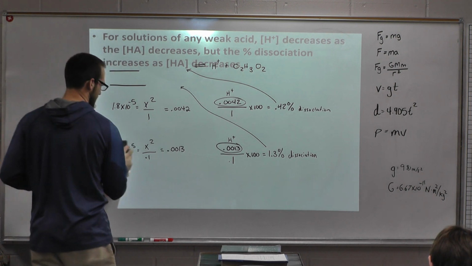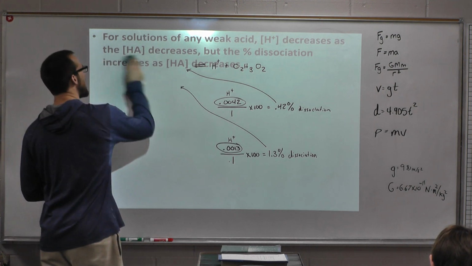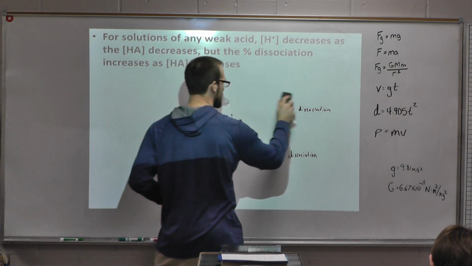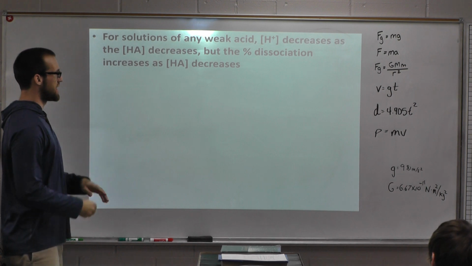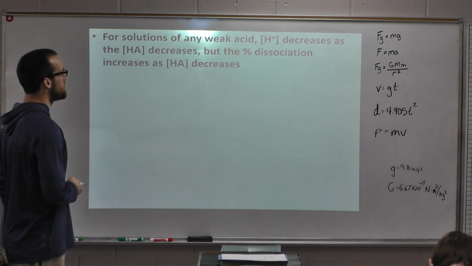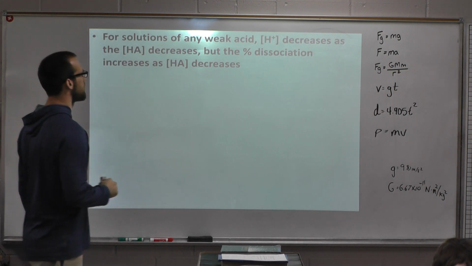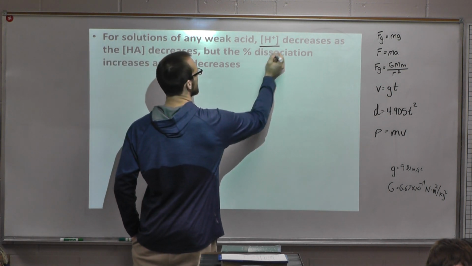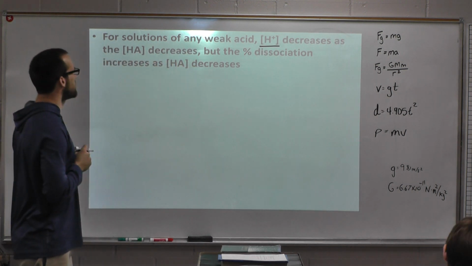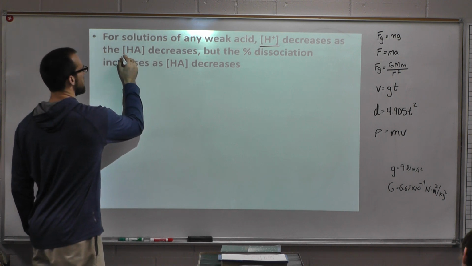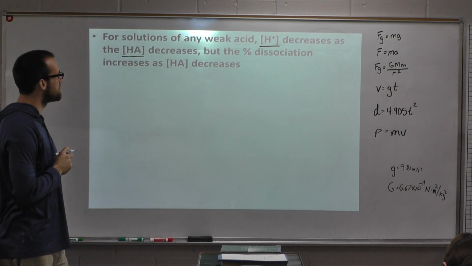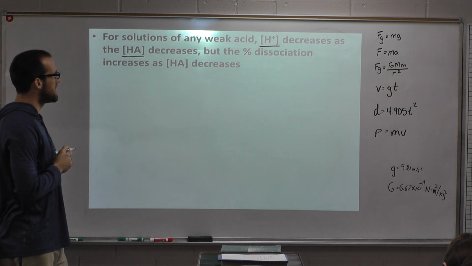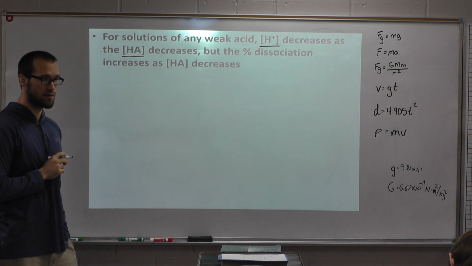So this is the big thing here for this section today, is what I kind of said. When you've got weak acids, your H plus concentration is going to decrease as your acid concentration decreases, but your dissociation is going to increase as it becomes more dilute.